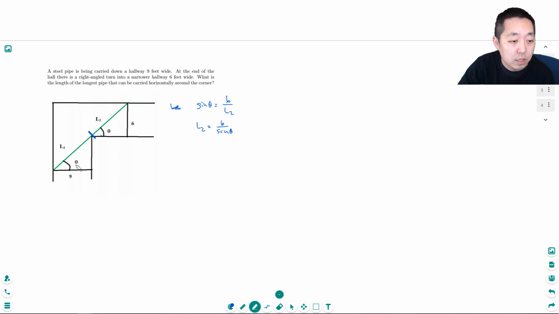Okay. And then for L1, what's the relationship? Well, this is the adjacent side. I know cosine of theta is equal to 9 over L1. So L1 is equal to 9 over cosine theta. So that means L1 plus L2 is equal to 6 over sine theta plus 9 over cosine theta.